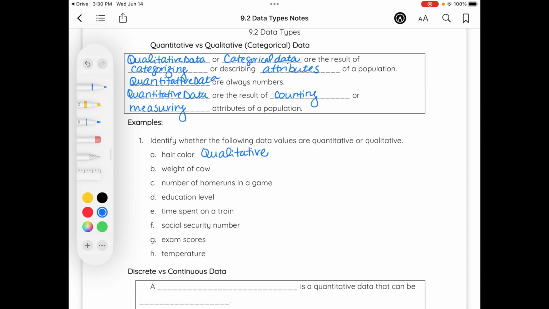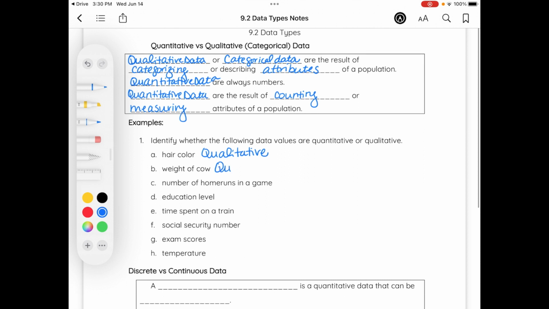The weight of a cow is measurable, so this is quantitative. The number of home runs in a game is also quantitative because we are counting how many we have.